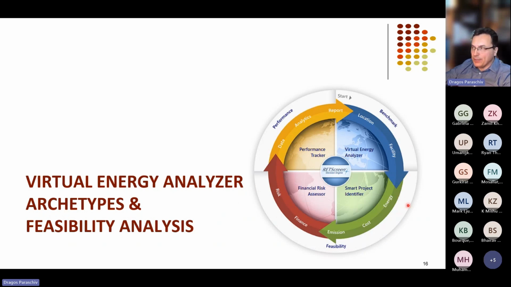So we basically start with energy consumption modeling, the end uses. We add the cost analysis for potential projects. Based on the energy savings, we can determine savings in emissions as well. We have a robust, sophisticated financial analysis to support the decision-making process.